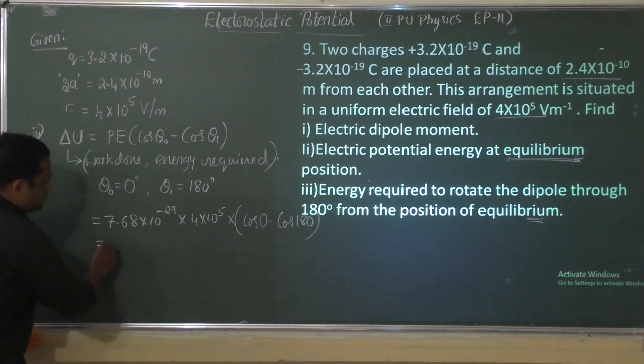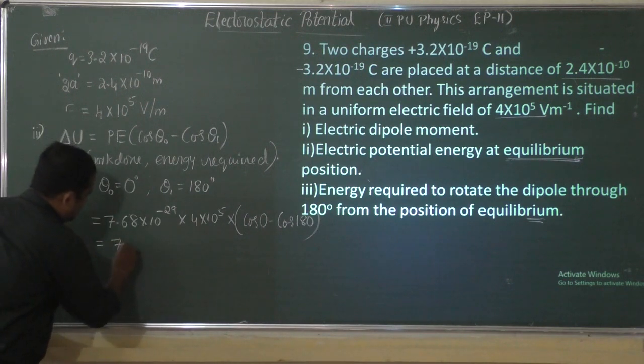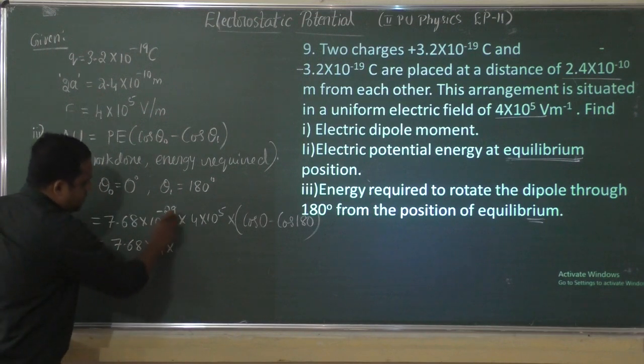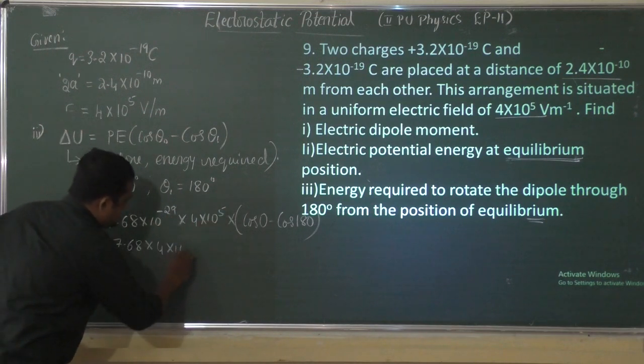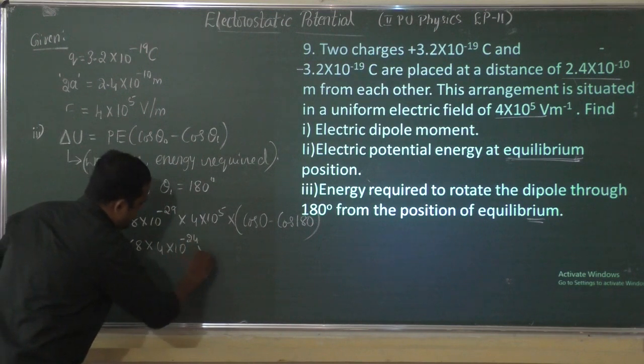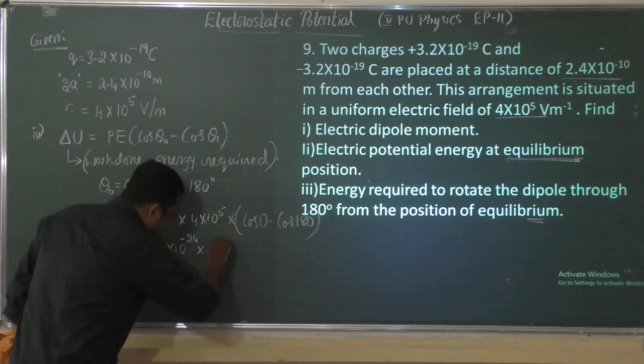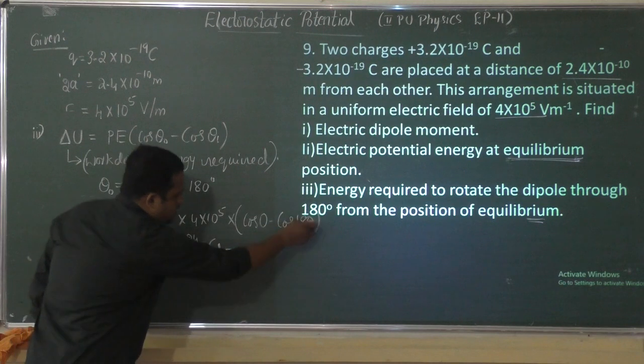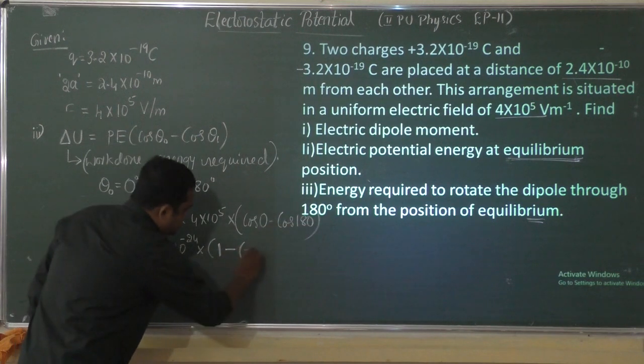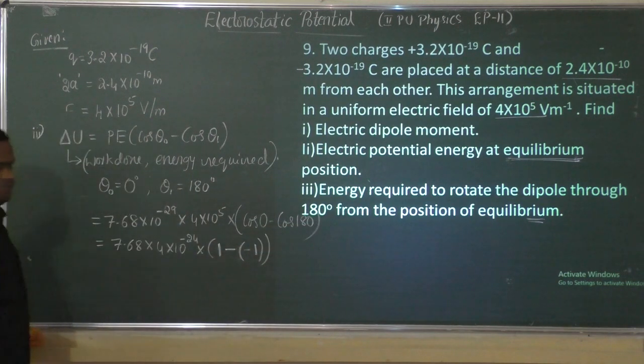That is equal to 7.68 into 4 into 10 power minus 29 plus 5, that is 10 power minus 24, into cos 0 is 1 minus cos 180 is minus 1, that is 1 minus of minus 1.